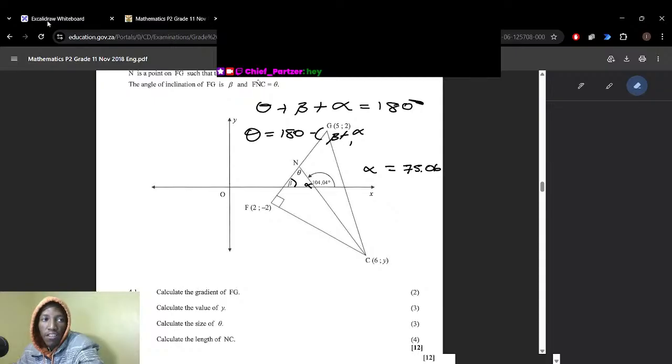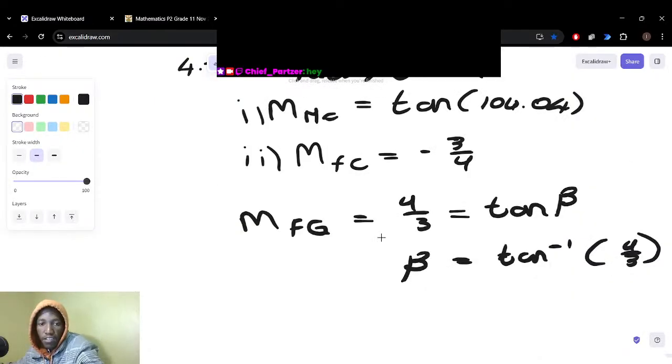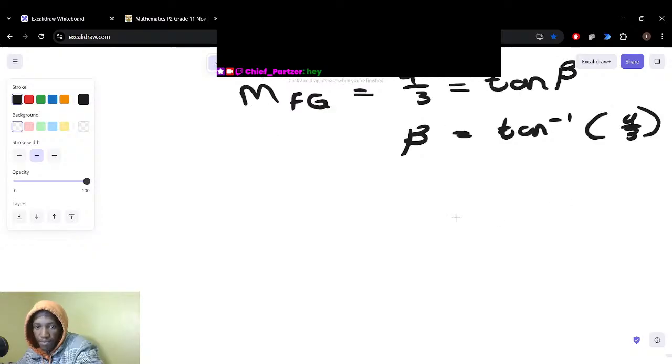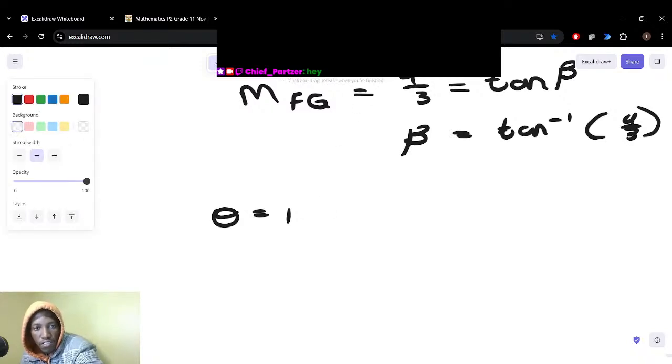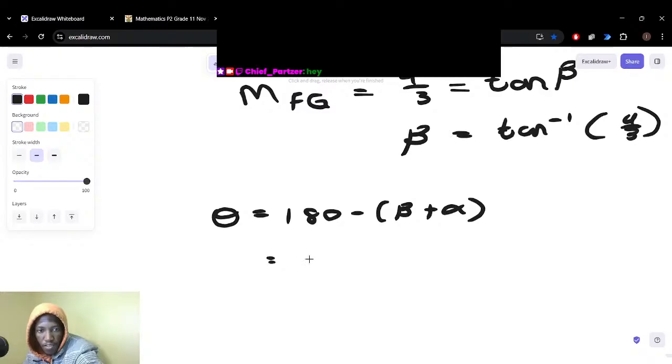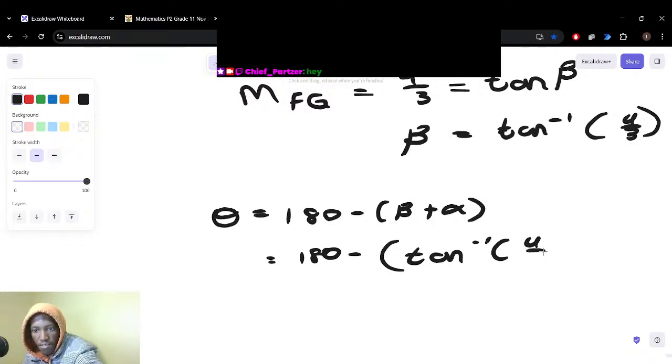So let me write this down on the whiteboard. Since we have calculated beta, theta is equal to 180 minus, I'm just going to write this as it is, tan inverse of 4 over 3.